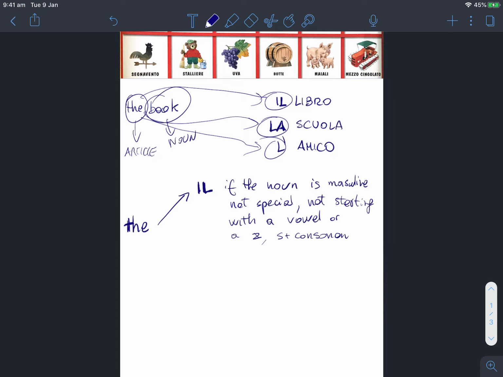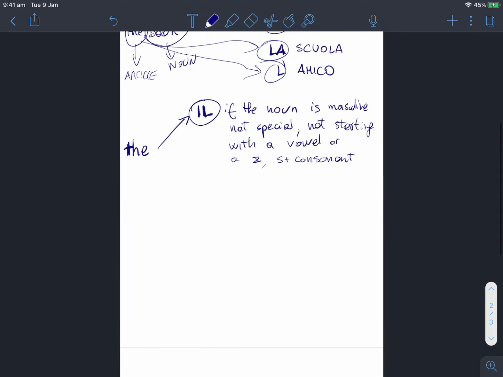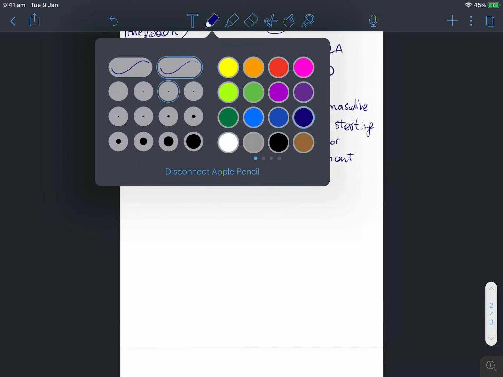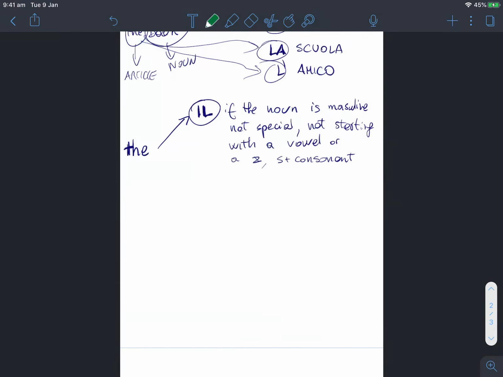I hope you know what a consonant is. So il is the first option. To give you an example, I'm going to write examples maybe in green. You would have il libro, the book, il cane, the dog, il treno, the train. So the first option you have is il.